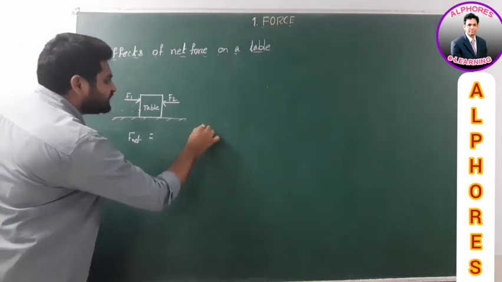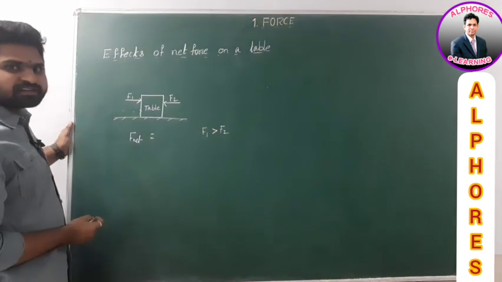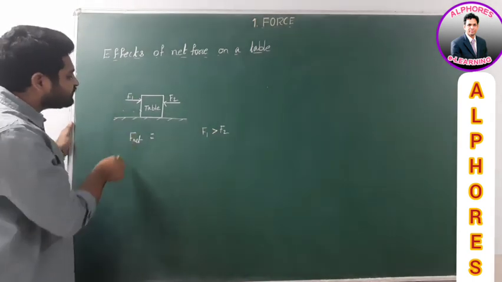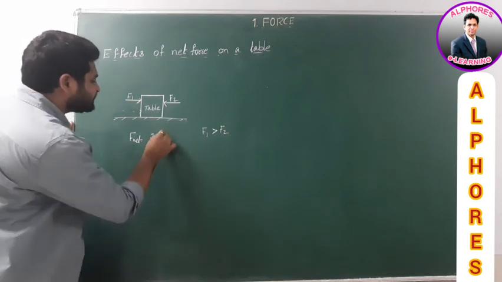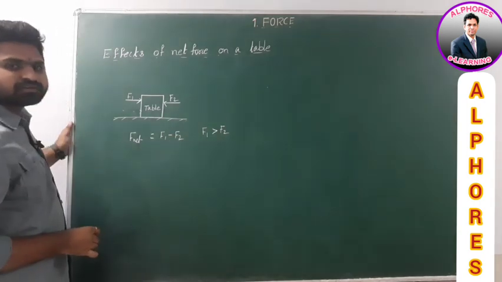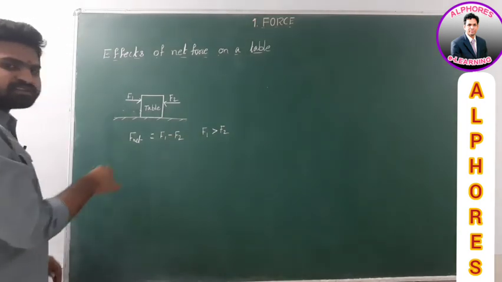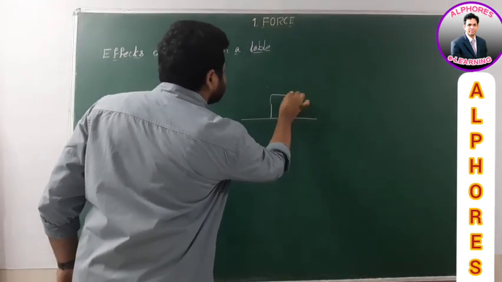Suppose F1 is greater than F2. Then the net force acting on the table is the difference of these two forces, which is F1 minus F2.